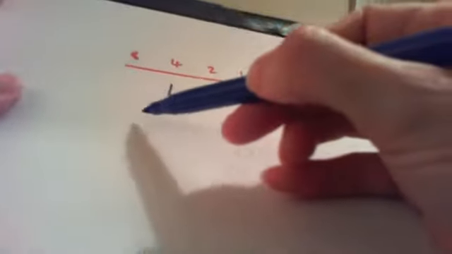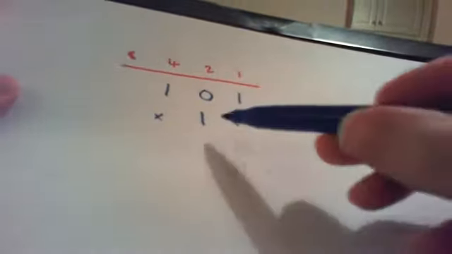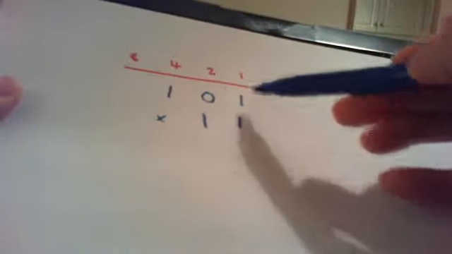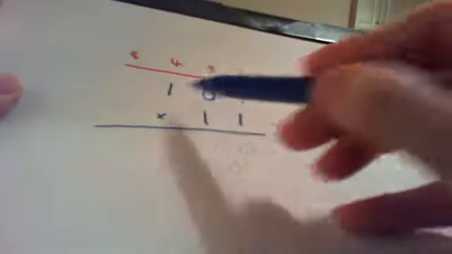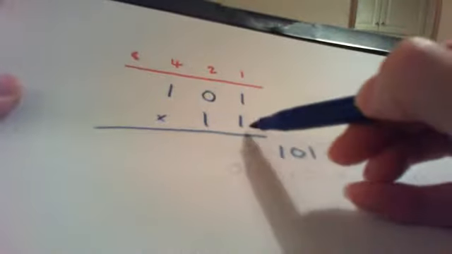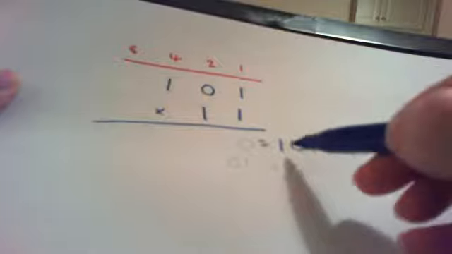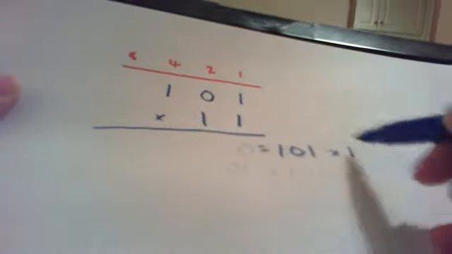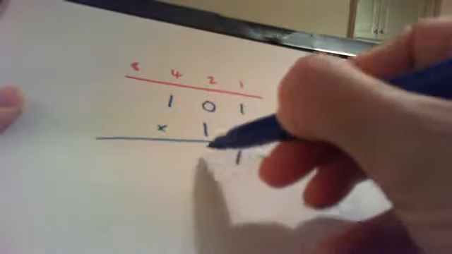But this time I'm going to times it by 3. Why is that 3? 1 lot of 2, 1 lot of 1. So what do I start with? 101 times by 1. Anything times by 1, if I've only got one lot of this, I'm only ever going to have this one. So let's put that in.